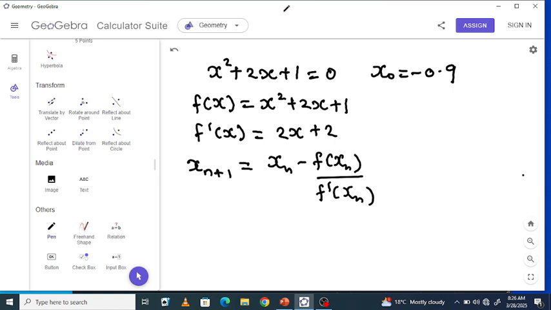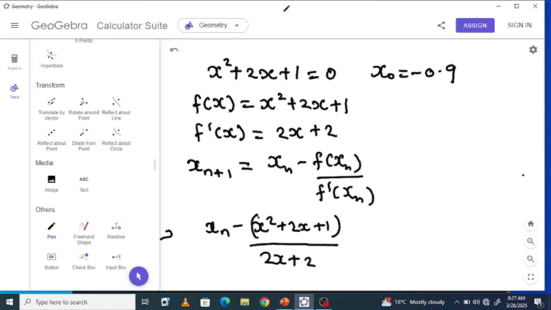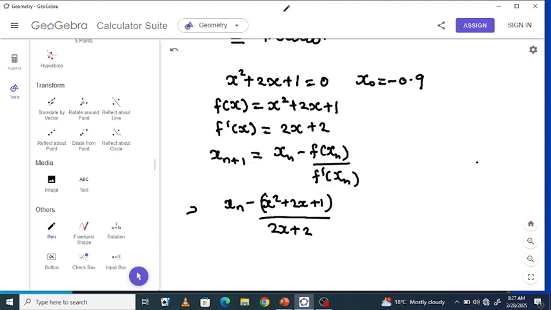When we substitute in our formula, we will have something like xn minus, our f of xn is x squared plus 2x plus 1, and everything is over 2x plus 2. And this one is equal to our xn plus 1.